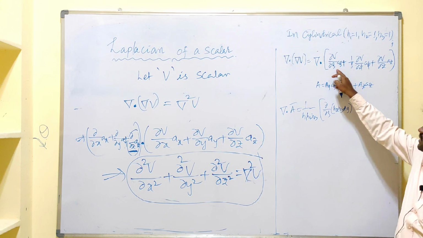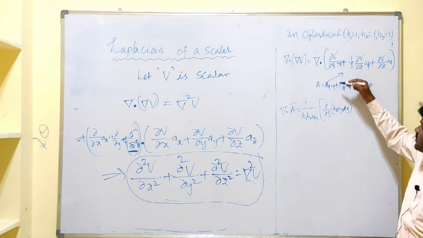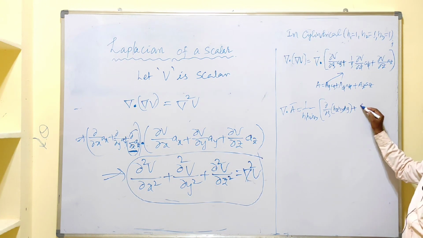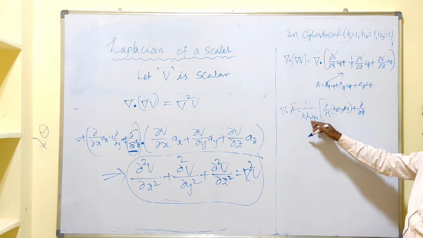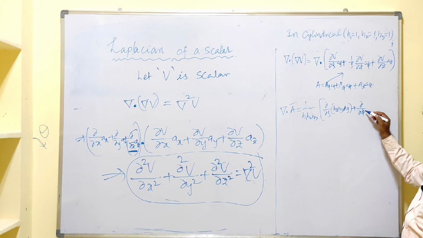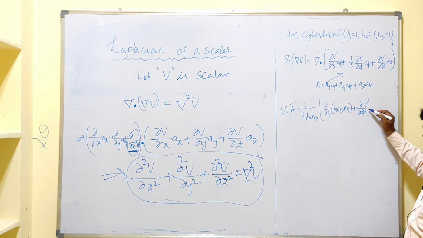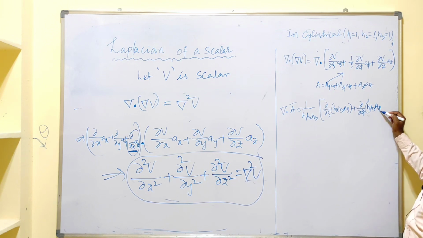Please remember, A is this one. Now the second element: 1 by h1 h2 h3 into dou by dou phi of, as it is the second element, except h2, we write h1 h3 into a phi, and the last element is what?